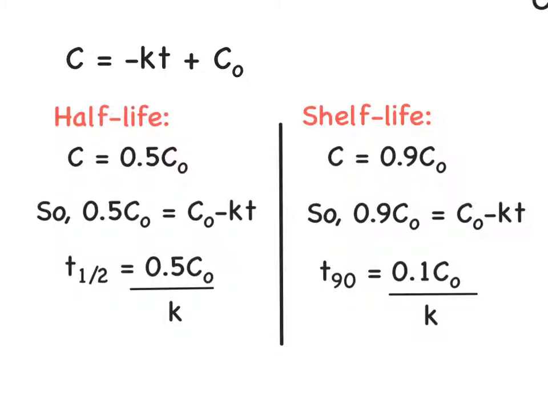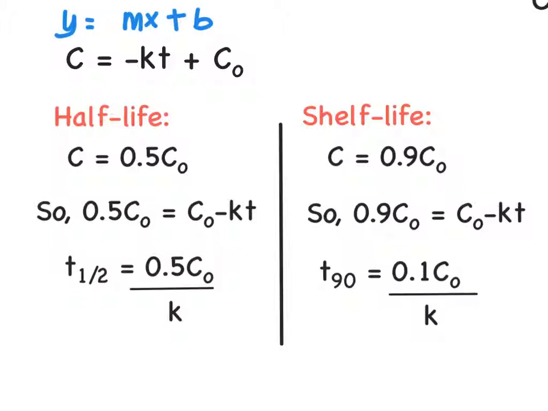As long as you remember that a plot of drug amount or drug concentration versus time is going to be linear for zero-order reactions, you should be able to derive the equation yourself, knowing that you're going to have y equal to mx plus b.